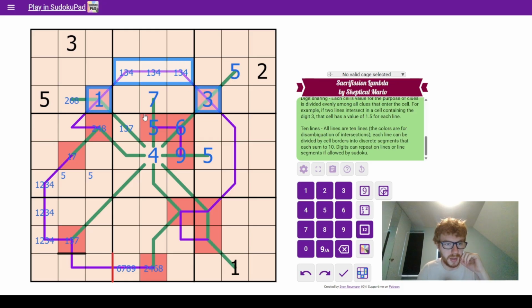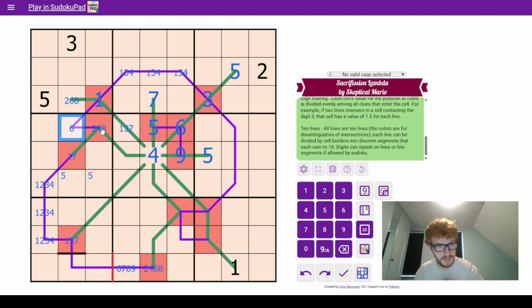If this is a 10 line and that has to be a partner in a 10 line, then this has to be one 2-cell 10 line, same as this one. So 8 goes with 6. 4 goes with 8. 2 goes with 9. It's not 6, so that's not 8.